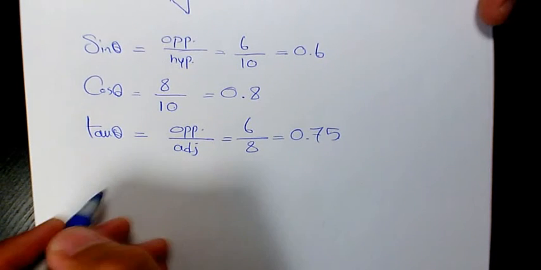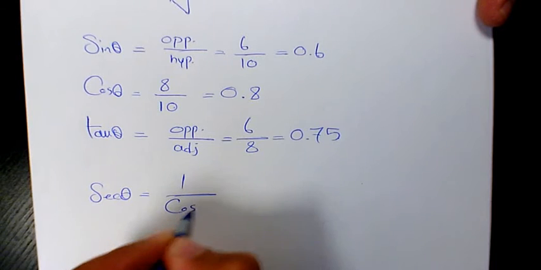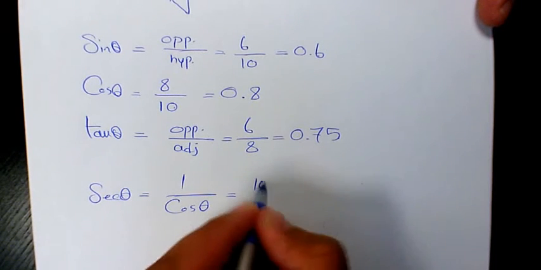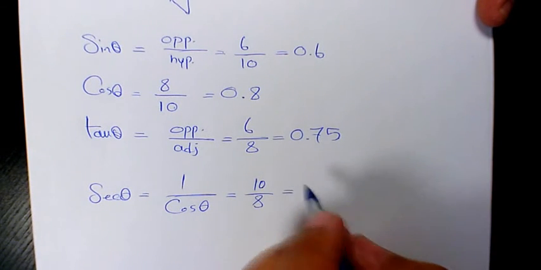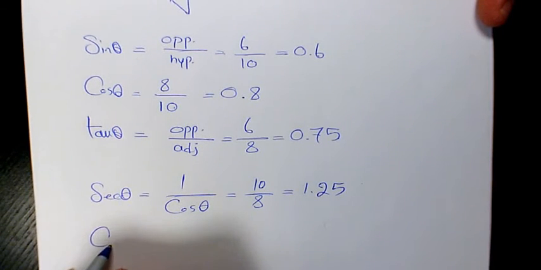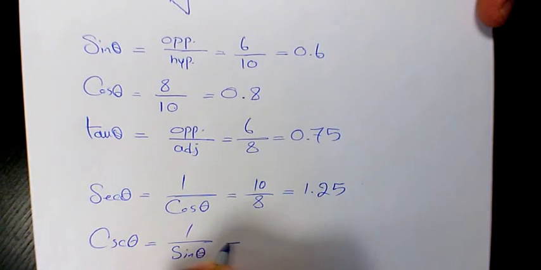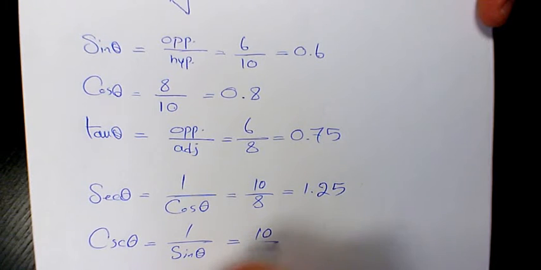Now if I want to find out secant theta, that's going to be 1 over cosine theta, which is going to be 10 over 8, or 1.25. Or if you have cosecant theta, that's 1 over sine theta. It's going to be 10 over 6, which is going to be 1.67.